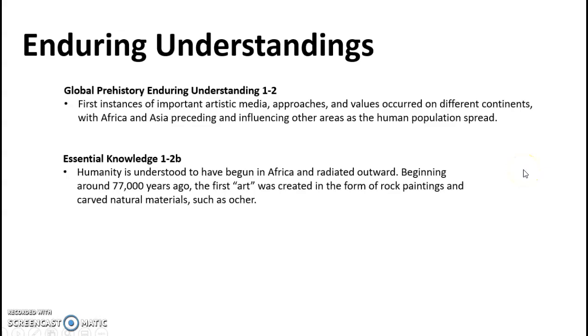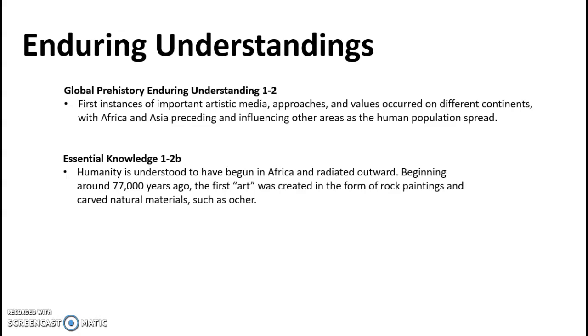At the beginning of each chapter, there are what we call enduring understandings. In the first unit, I'm just giving you an example of one. This is more of a teacher thing, but I put them there just so you would see what your enduring understandings and essential knowledge would look like.